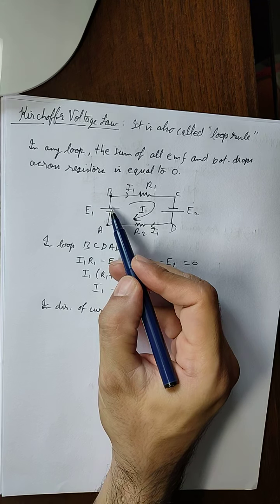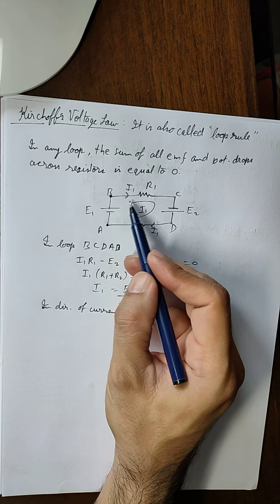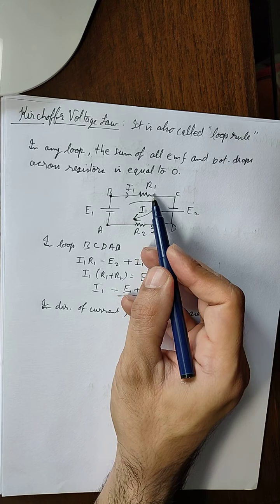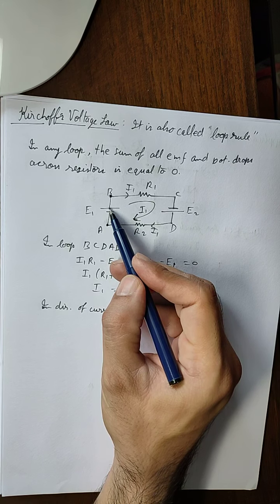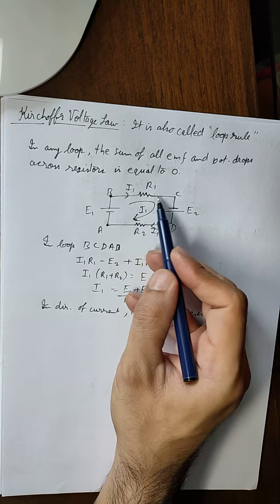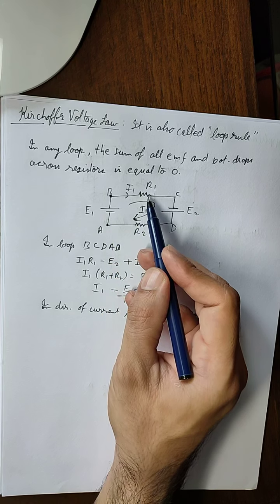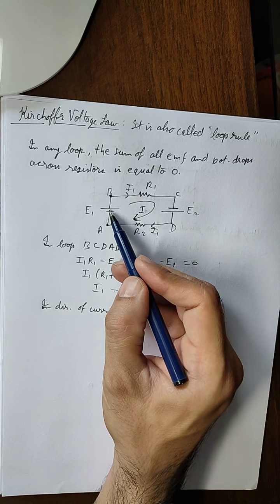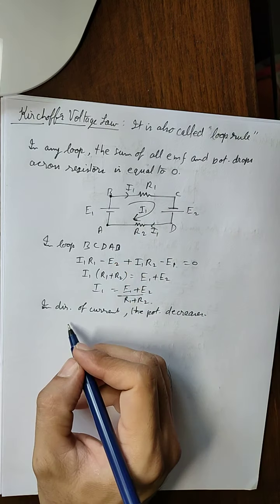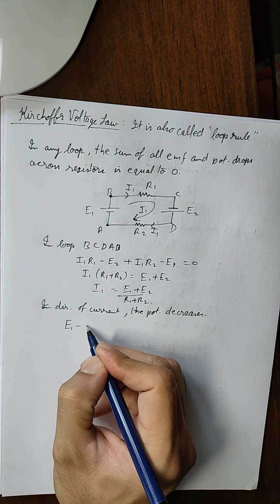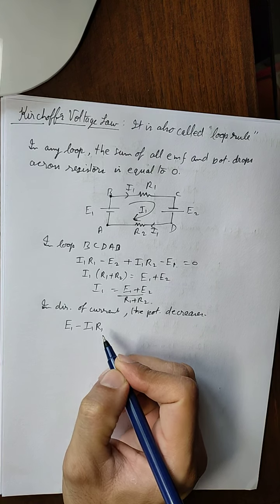That means E1 should be at higher potential than the potential at R1, because the current is going from E1 to R1, so E1 should be at higher potential and R1 should be at lower potential compared to E1. So that means it will be E1 minus I1 R1.